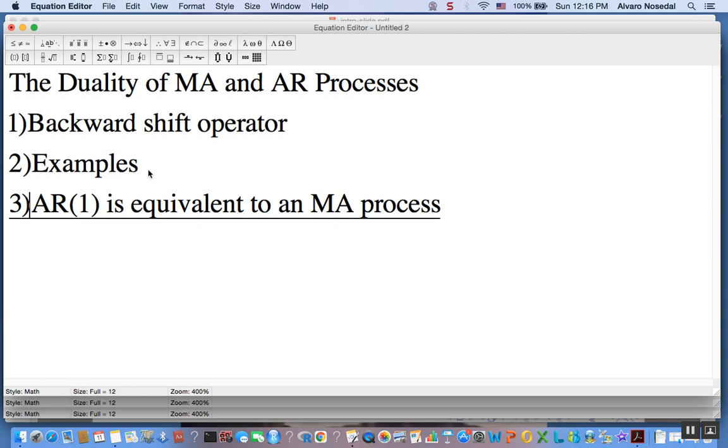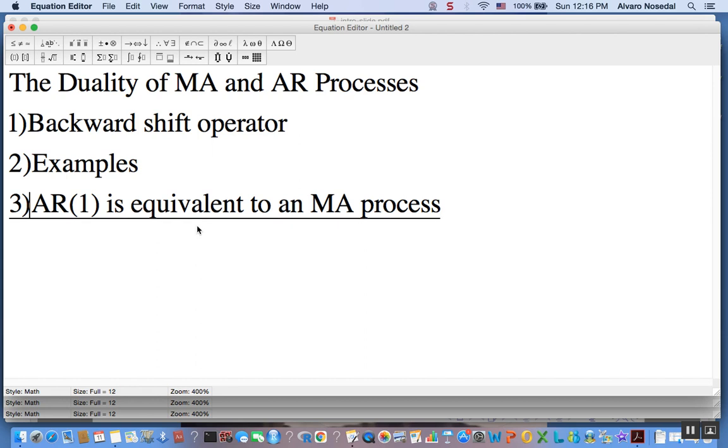We talked about the more complicated process, one with infinitely many terms, and we used the backward shift operator. We saw that using the formula for a geometric series, we could rewrite that infinite sum of terms, with the combination of the backward shift operator and the geometric series formula, in a more compact way.